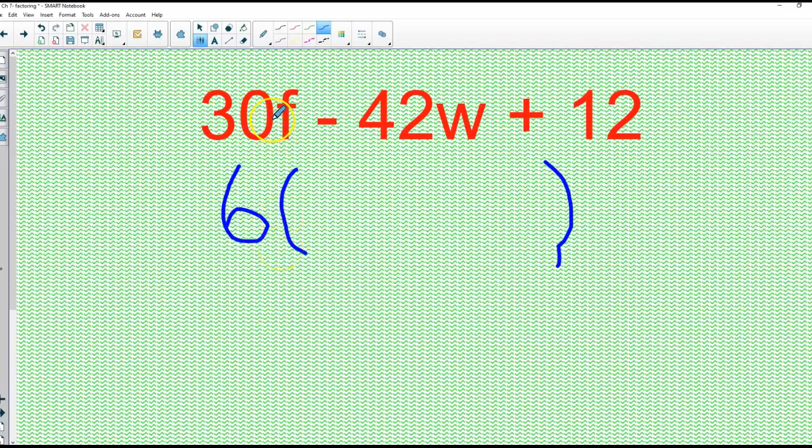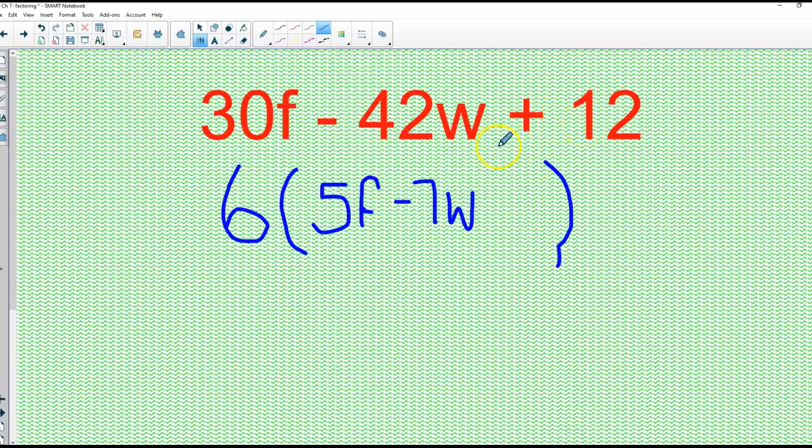Okay? So let's move on. 30f divided by 6. So if I divide, I get 5, and we bring down our variable. And remember, this was a positive divided by a positive. That's why we have a +5. In the next one, -42w is divided by 6. So a negative divided by a positive here is going to give us a -7w.